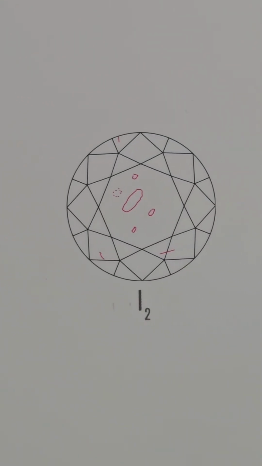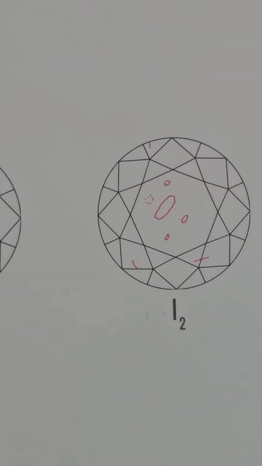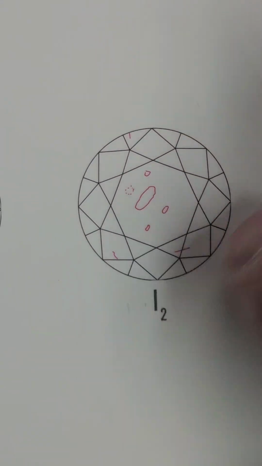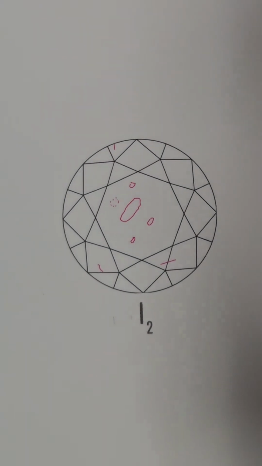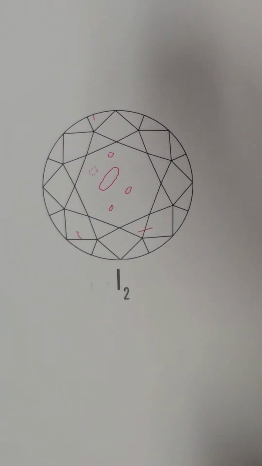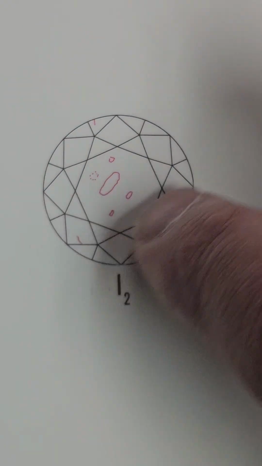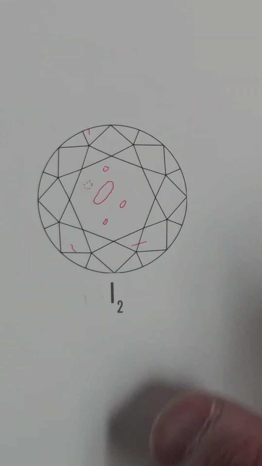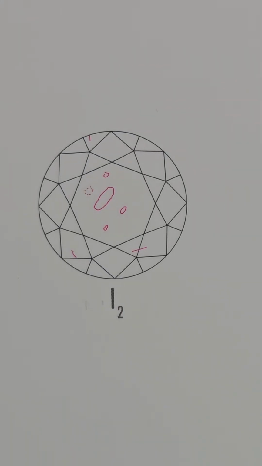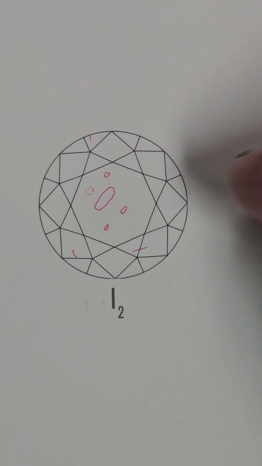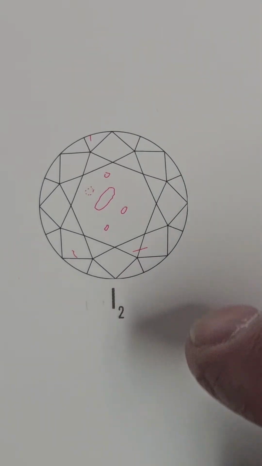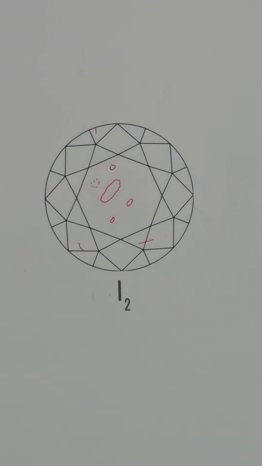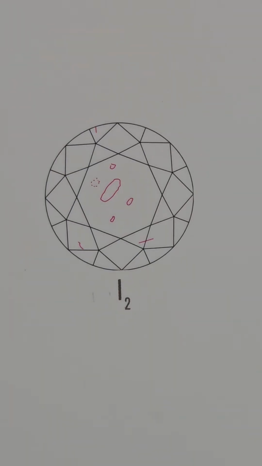Then as you move over here, I2, and there's an entire classification for that, and there's even more in there. And I will tell you, as a diamond setter and as a jeweler, inclusions are fine, but when they get to that outside edge over there, that's when they become a problem. Because when you try to bend prongs over on top of that stone, if there's any flaw or inclusion on that edge, it might crack or break.